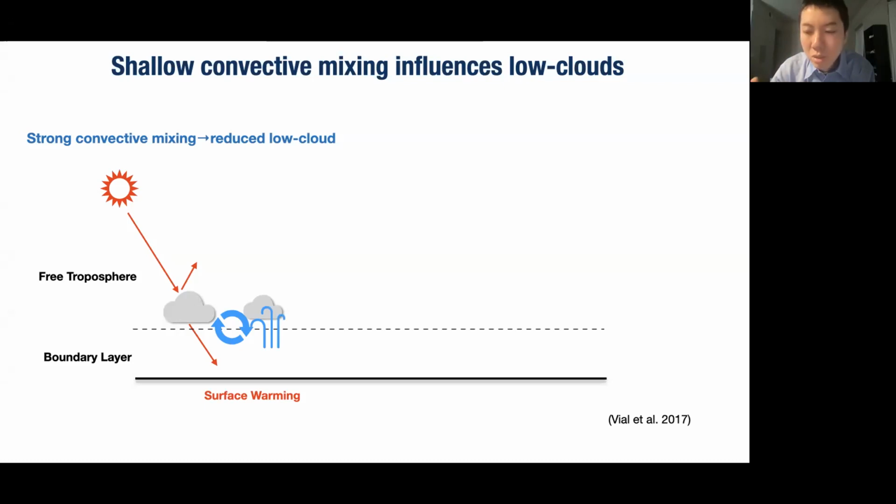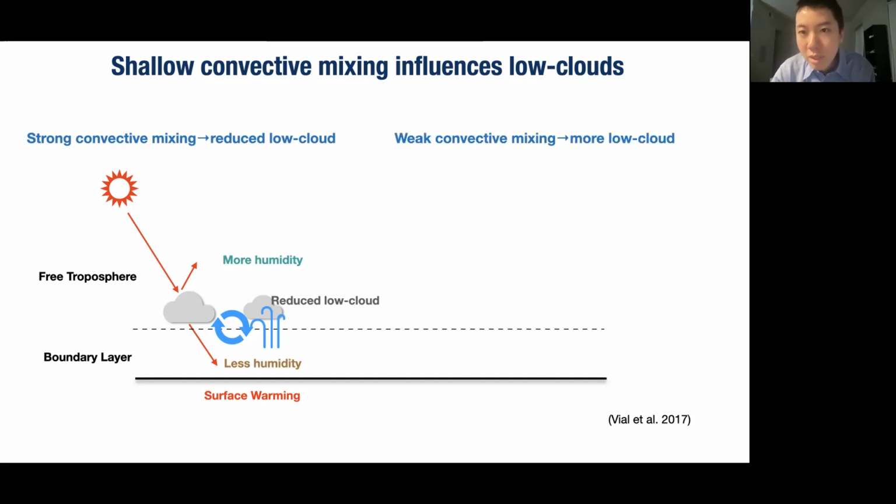The stronger convective mixing will make the free troposphere more humid and also dry the boundary layer. The drier boundary layer will suppress the formation of low clouds. So the reduction of the low clouds will further let more solar radiation reach the ground and amplify the surface warming.